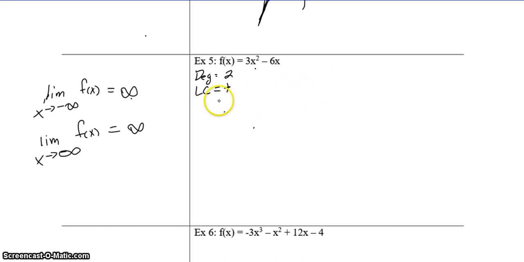Now, what about the zeros? Okay, well, let's see here. Set this equal to 0. And because we got the higher power of x, the square, factor out a 3 and an x.